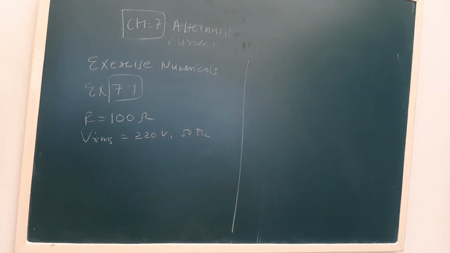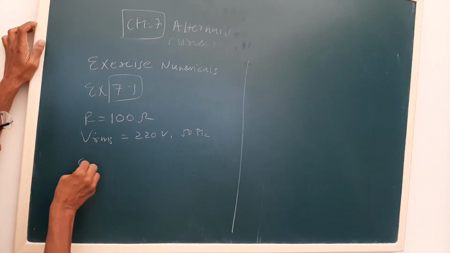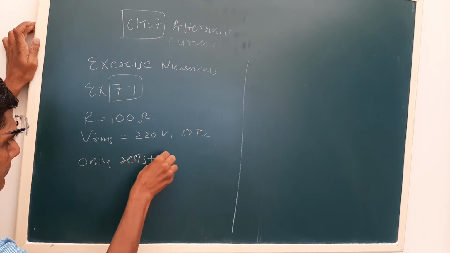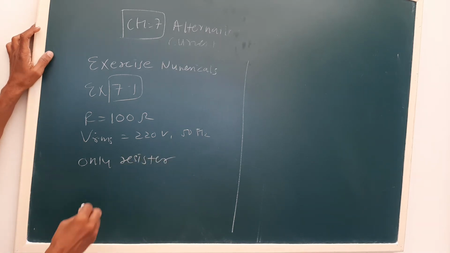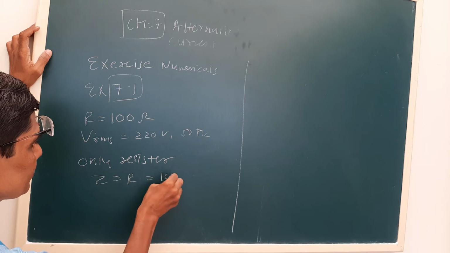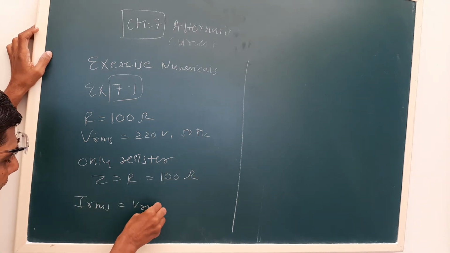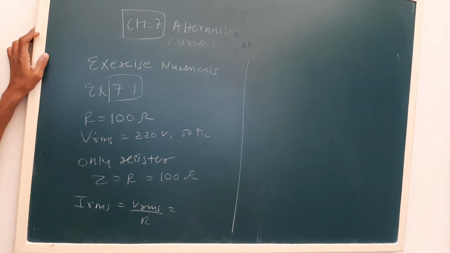We have to calculate the current and the power. Now see, Irms: here there is only a resistor. In a circuit with only a resistor, Z is equal to R. Irms is Vrms upon R. See, Vrms is given here.